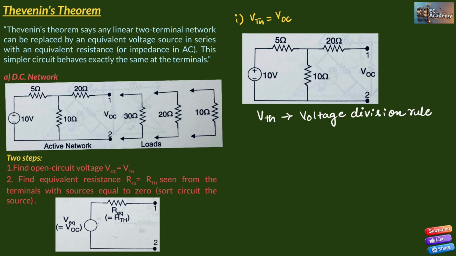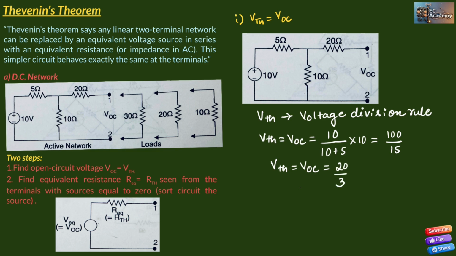So VTH, which is equal to VOC, will be equal to 10 ohm divided by the sum of the resistances, 10 ohm plus 5 ohm, multiplied by the source voltage, which is equal to 10. So this is equal to 100 divided by 15. So we can write VTH, which is equal to VOC, as 20 divided by 3. This is the equivalent Thevenin's voltage.